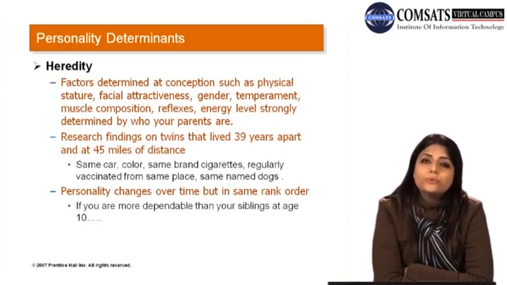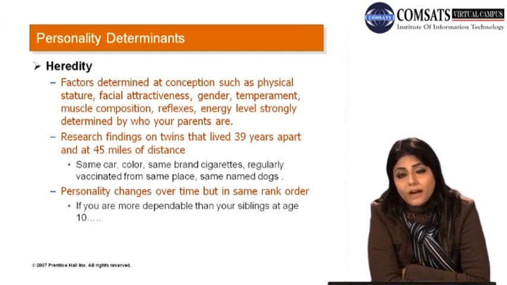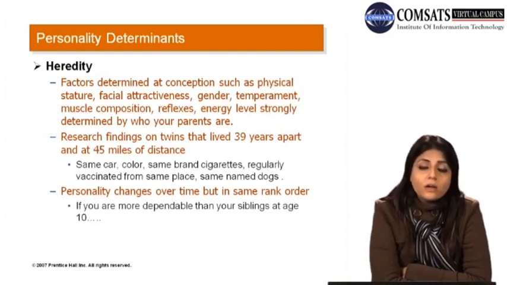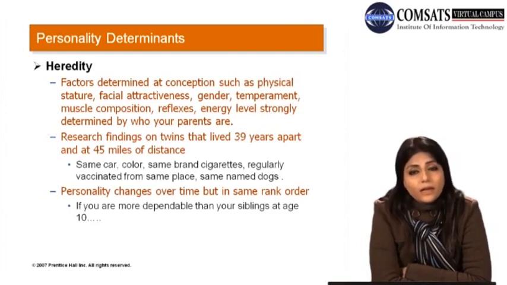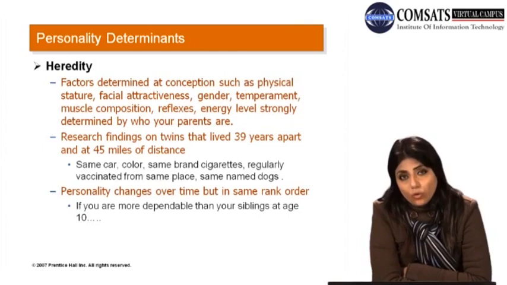Here is an example for you: if an individual is more responsible at the age of 5 than his sibling, he is expected to be more responsible at the age of 20 as well than his sibling, although his sibling will become more and more responsible as he grows.